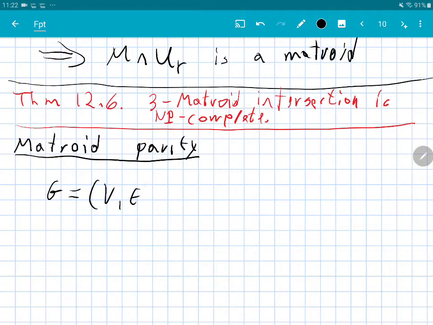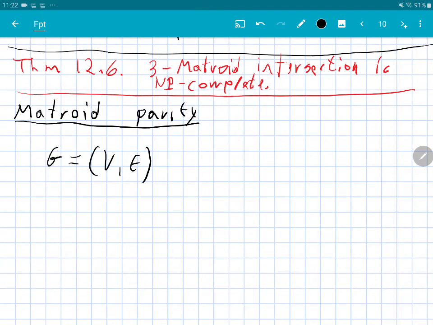Vertices and edges, right? And you would like to compute, and I give you a Matroid also. The Matroid is defined over the same set of vertices.